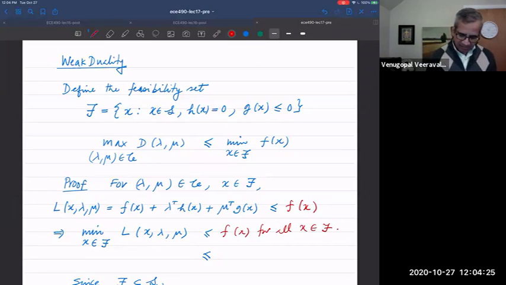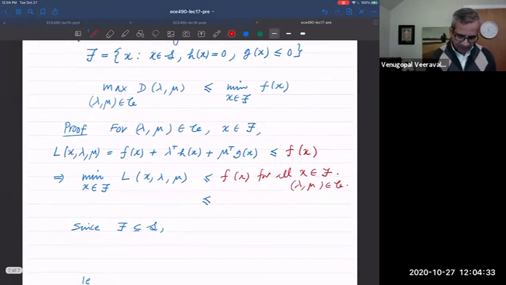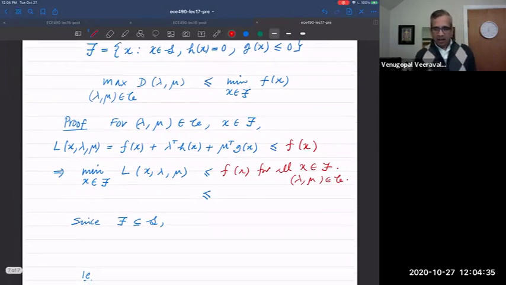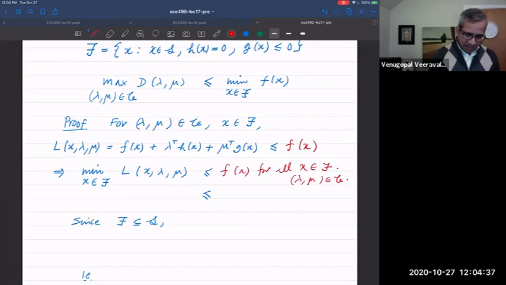Actually, it's also true for lambda, mu belonging to C. But then I can take the minimum on the right-hand side, because this statement is true. The left-hand side is independent of x. The right-hand side depends on x.